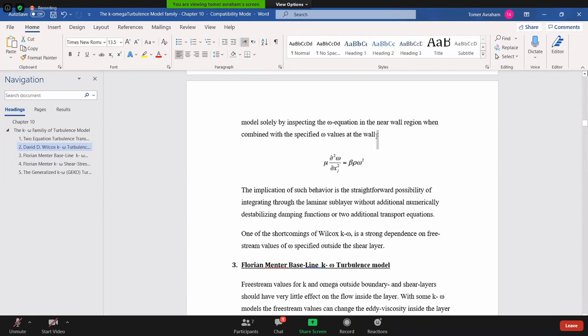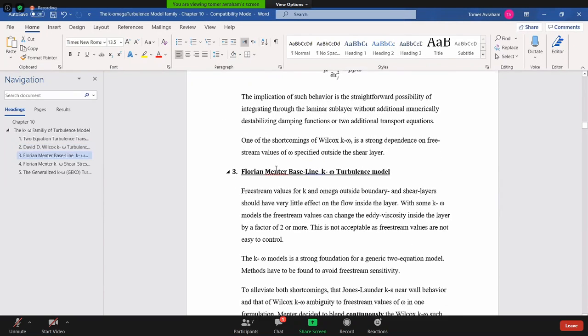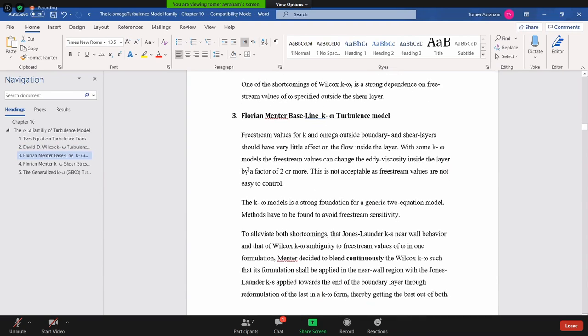That's why you see, if some of you read my detached eddy simulation, there is a detached eddy simulation, shielded detached eddy simulation, improved shielded detached eddy simulation, and it still goes on, but still unresolved.